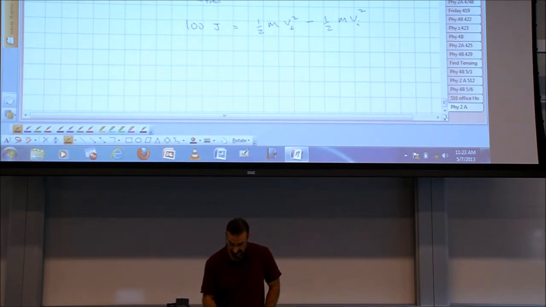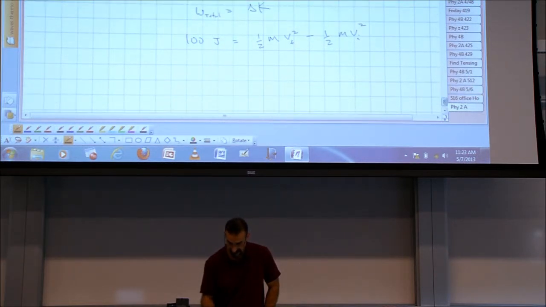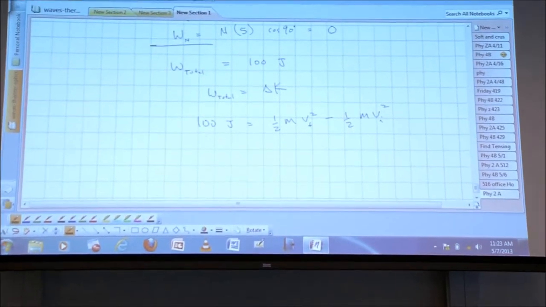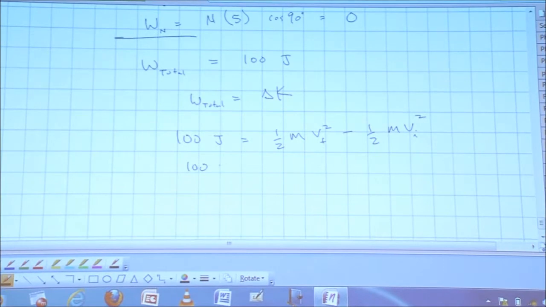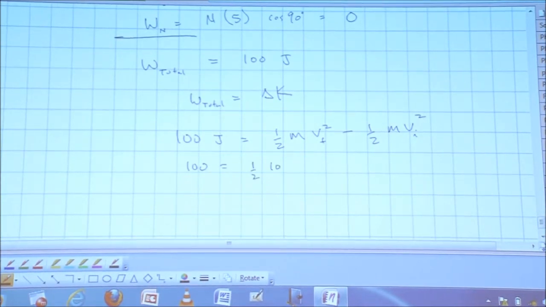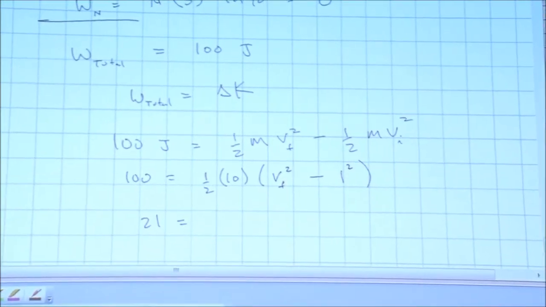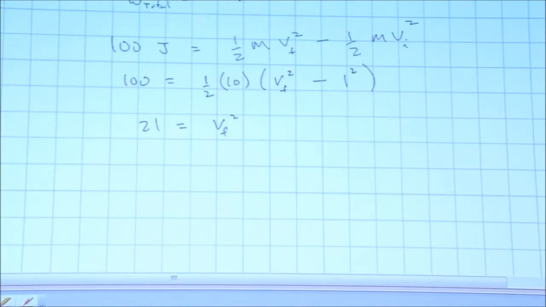All right, let's plug in some numbers here and figure out what our final velocity is. So what did I say? M was 10. 100 equals 1/2 times 10 times V final squared minus 1 squared, right? That's 5, that's 20. Is that right?